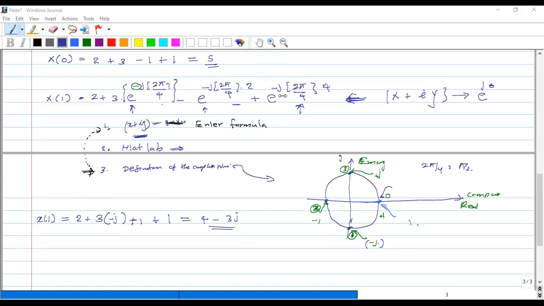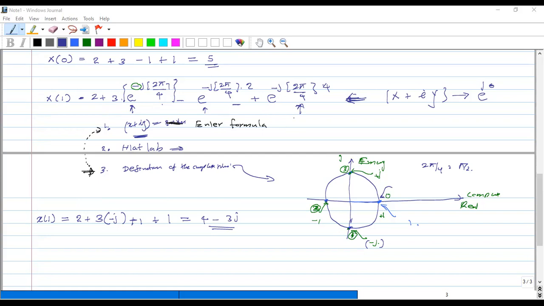Now I am calculating x1, so 2 plus 3 e to the power minus j 2π by 4.